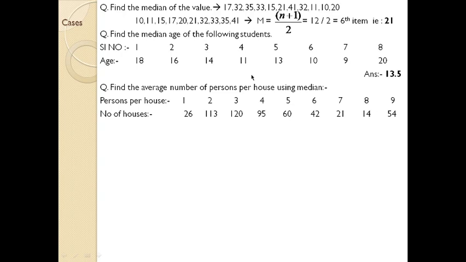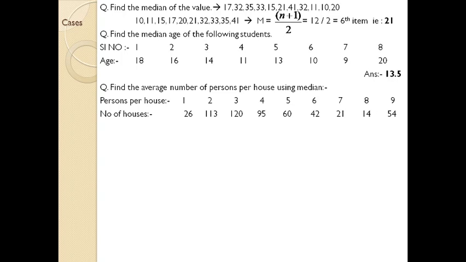You need not follow any chronological arrangement or ascending or descending order in case of discrete as well as continuous series. You can directly use your methods in case of discrete as well as continuous series. So this is a discrete series.